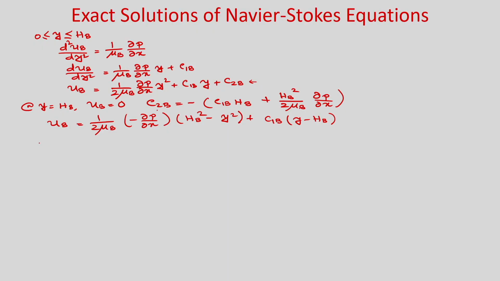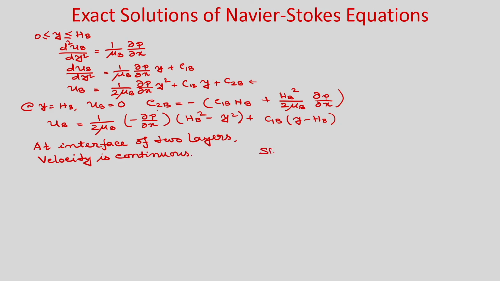So, at interface of two layers, velocity is continuous. And shear stress is also continuous. Okay.